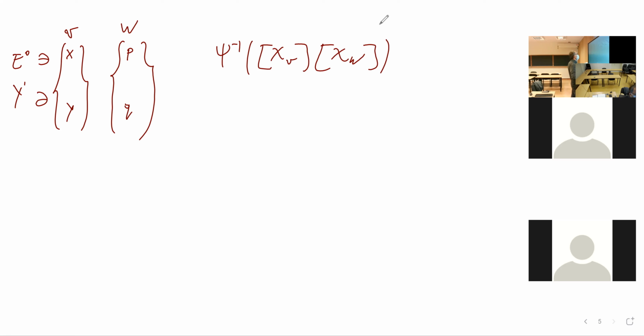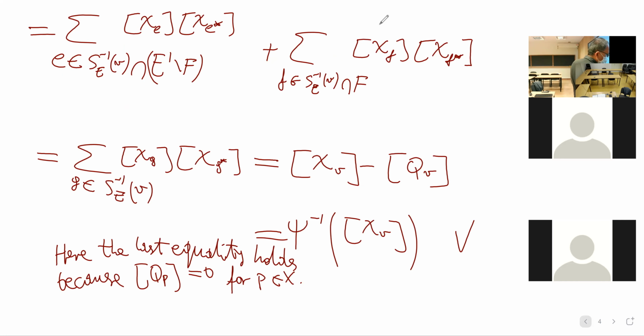So now let's see what happens with X and P. So we are in E0. What does sine inverse tell us to do?